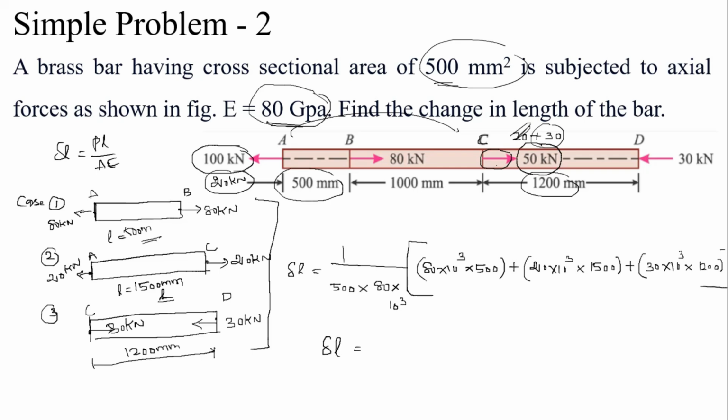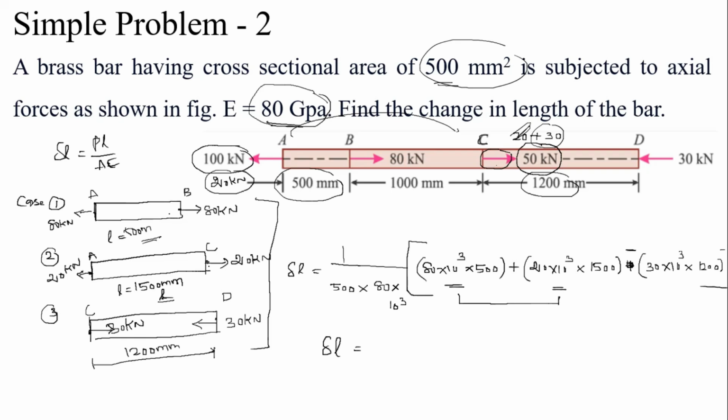Here, section 1 is a tensile force, section 2 is a tensile force, whereas section 3 is a compressive force. So for section 1 and section 2 we add the algebraic sum, because both are tensile forces, whereas for section 3 it is a compressive force, so we have to subtract this value.